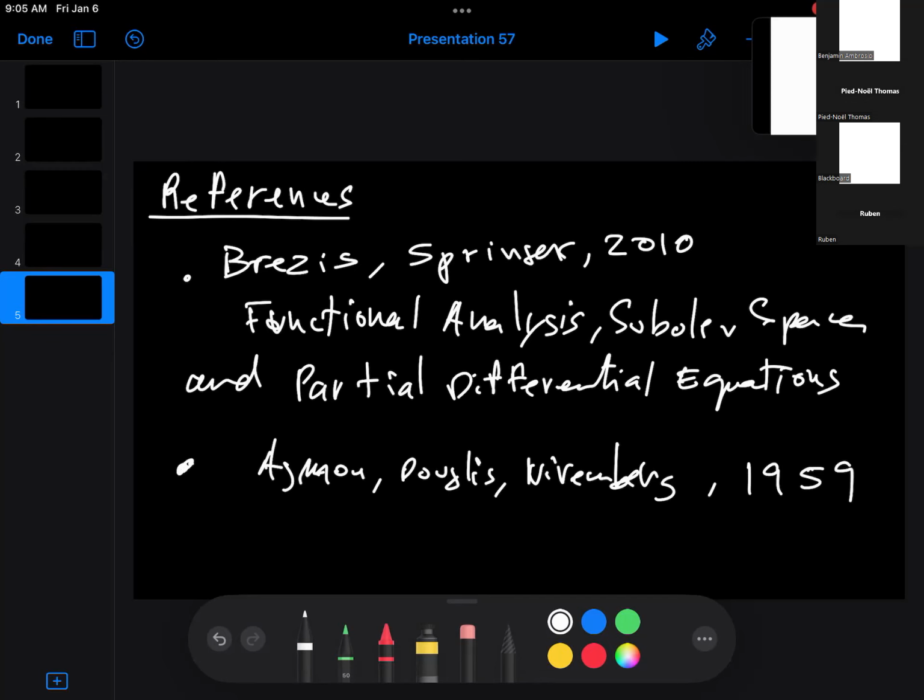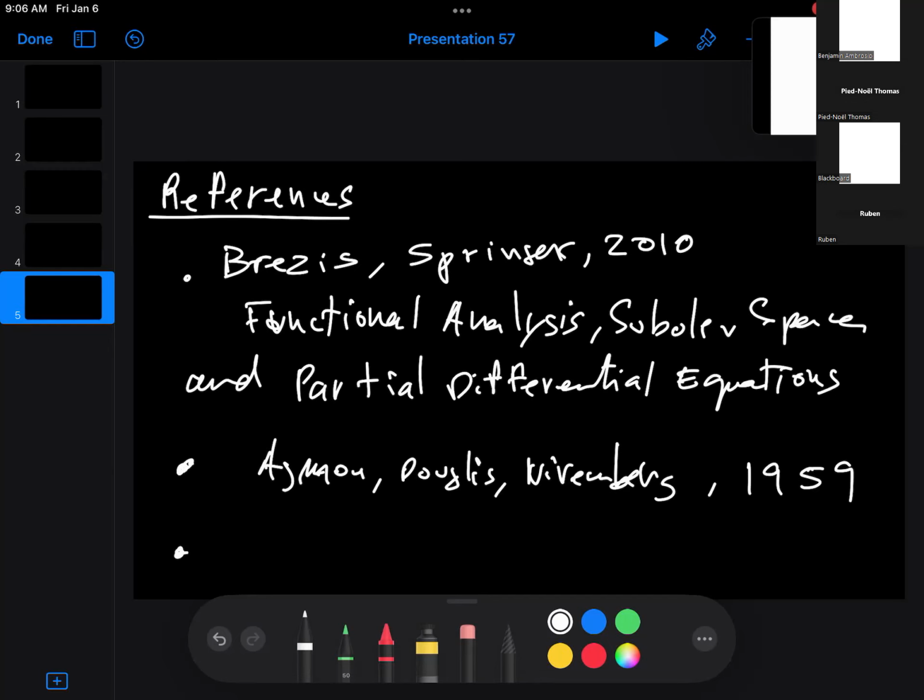This is an important reference for that. And next, of course, people from then have worked on that. A very standard reference for LP spaces and also the Hölder setting is the book of Gilbarg and Trudinger.